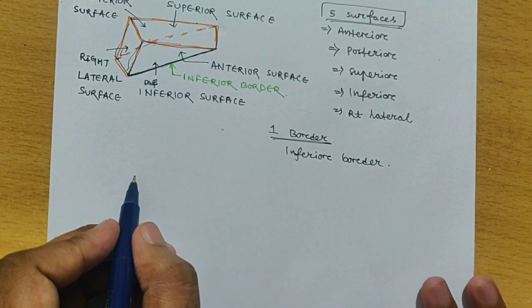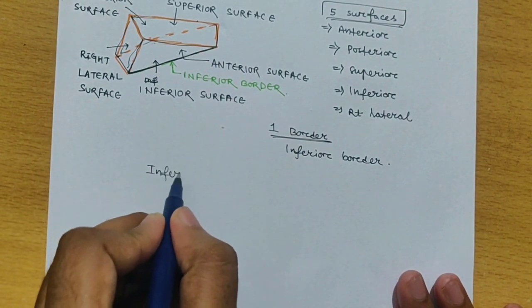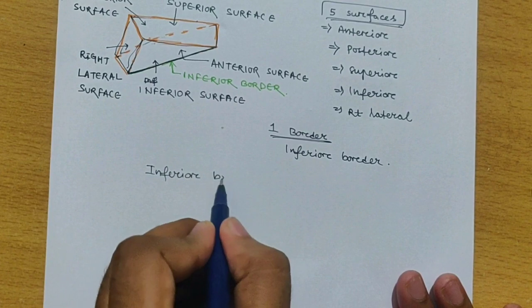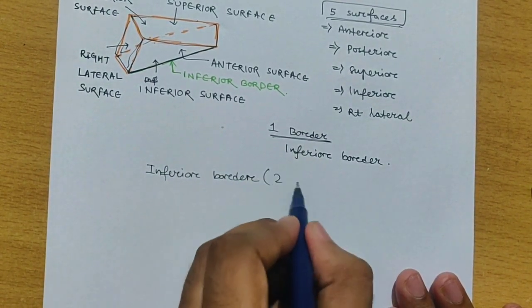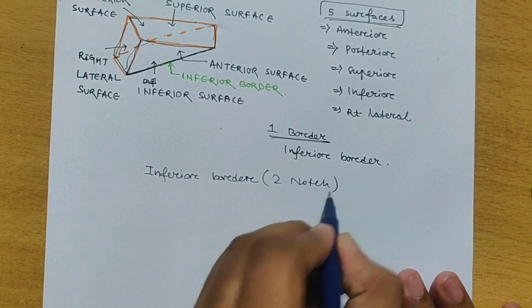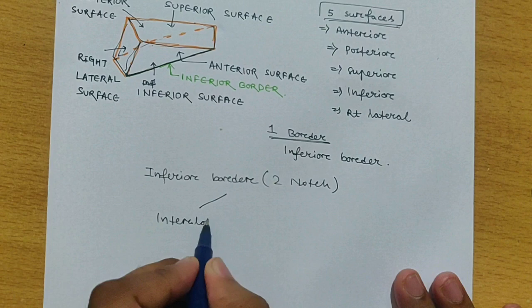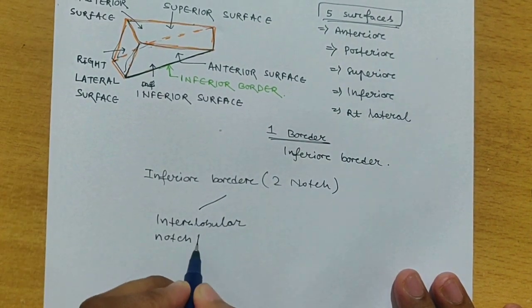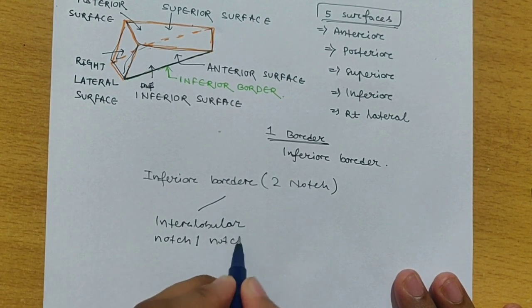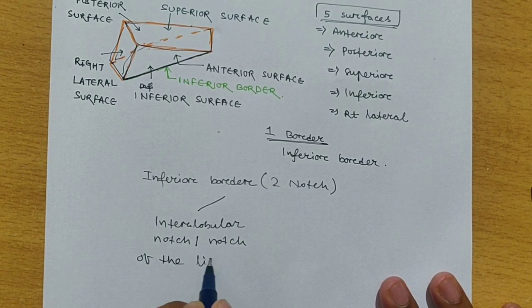Now the inferior border has 2 notches. One is the interlobular notch, or notch of the ligamentum teres.